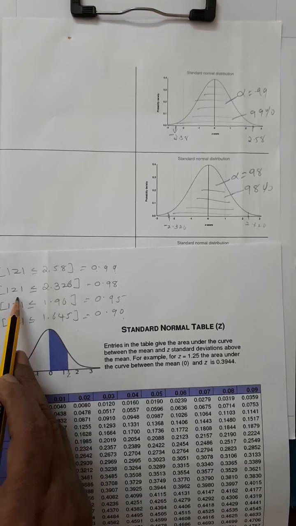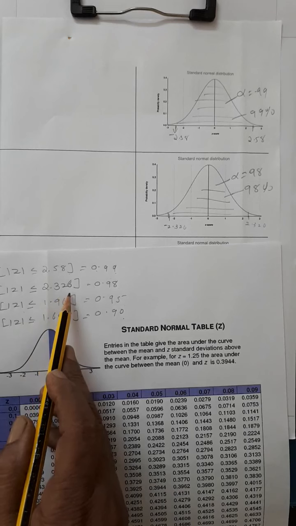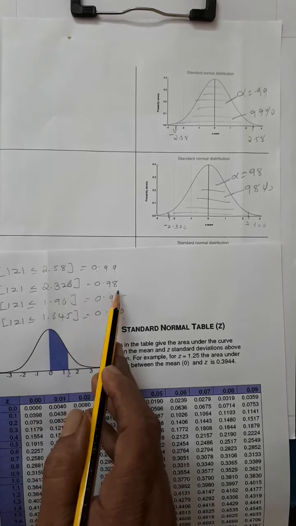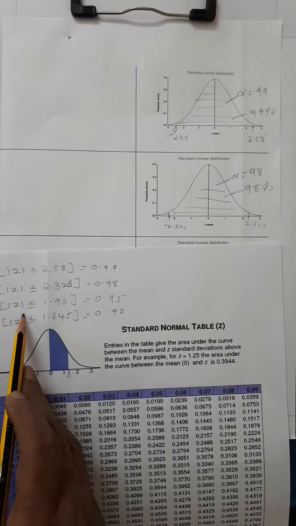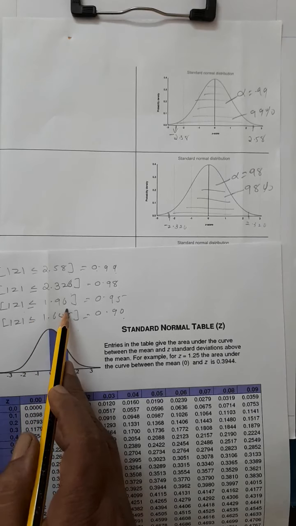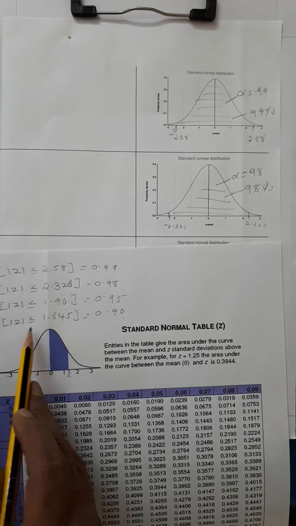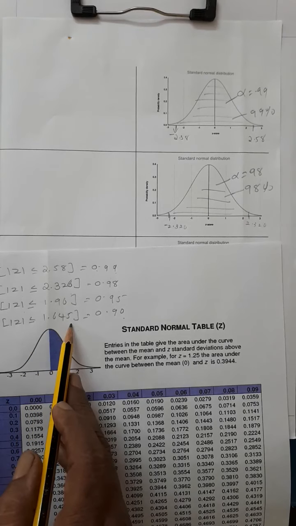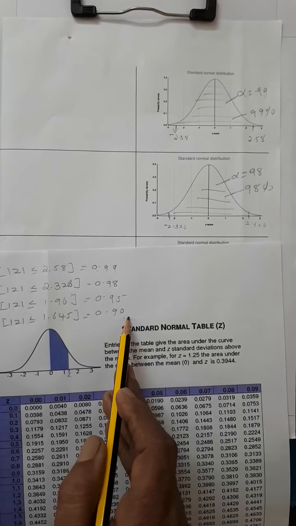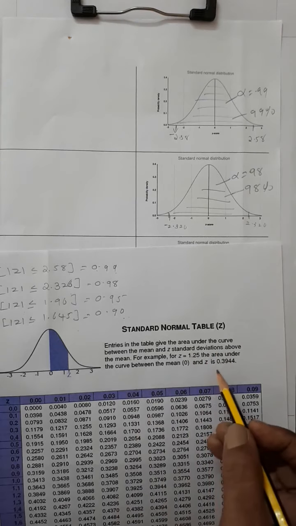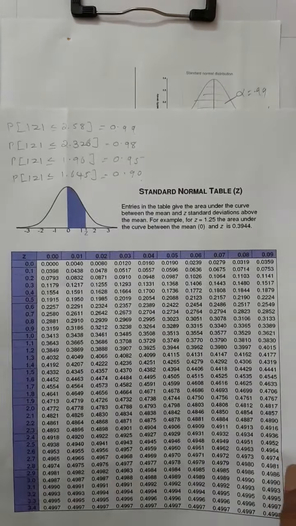P of mod Z less than or equal to 2.326 is 0.98. P of mod Z less than or equal to 1.96 is 0.95. P of mod Z less than or equal to 1.645 is 0.90. This is from the area property of a standard normal curve.